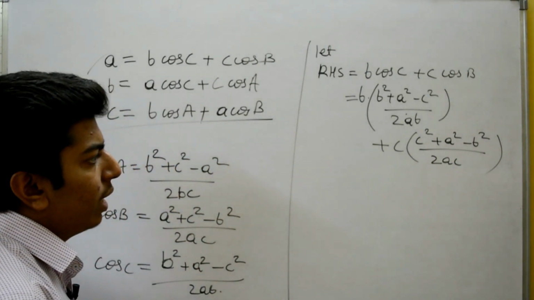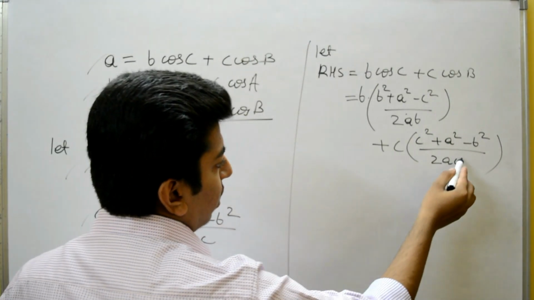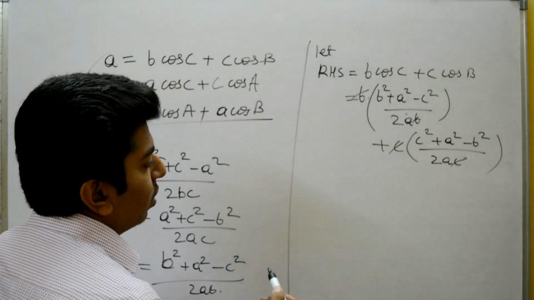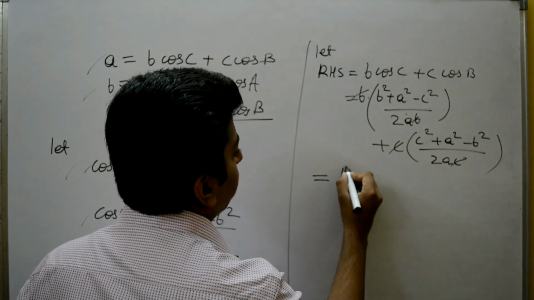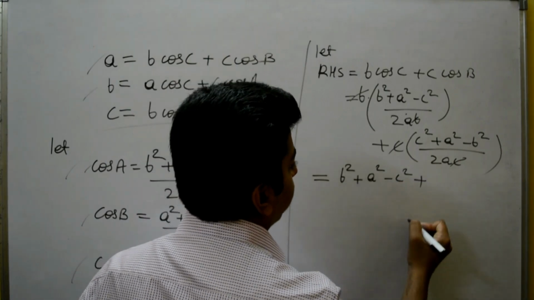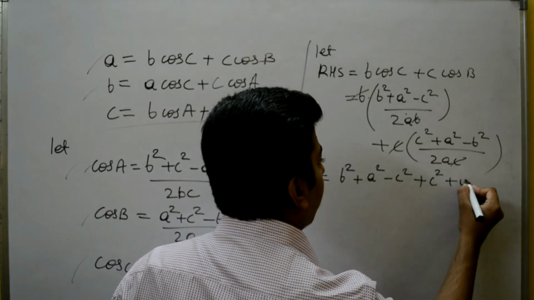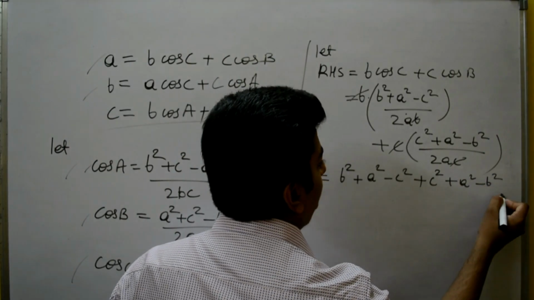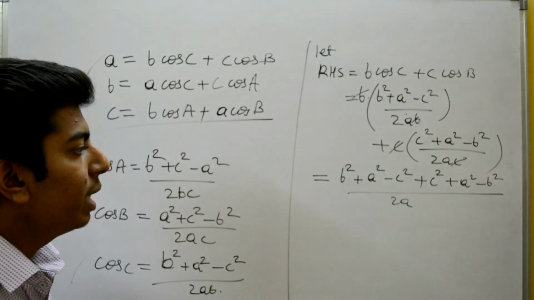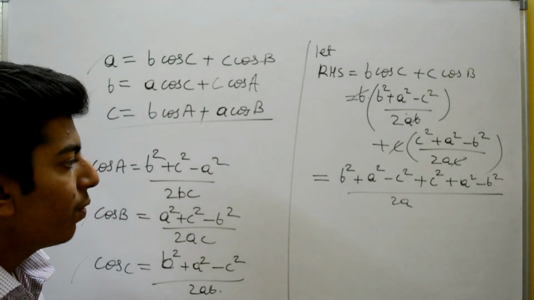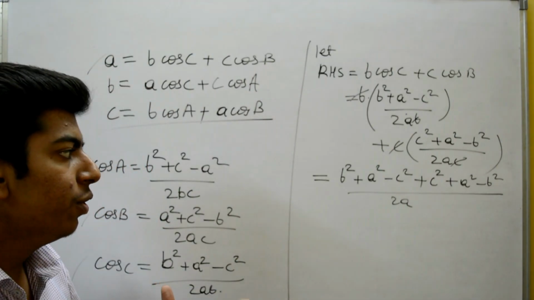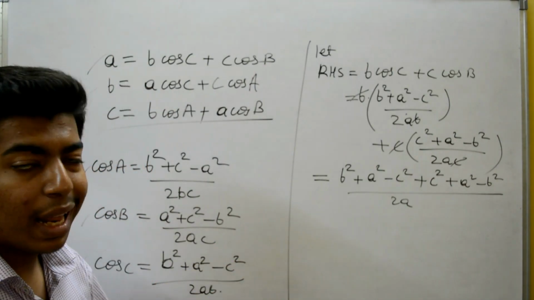Here this C and C will cancel, and over here the B and B will cancel. The remaining part will be b square plus a square minus c square plus c square plus a square minus b square upon 2a. Actually the denominators are the same, so I have written it like this. Don't be confused, I have written the direct step.